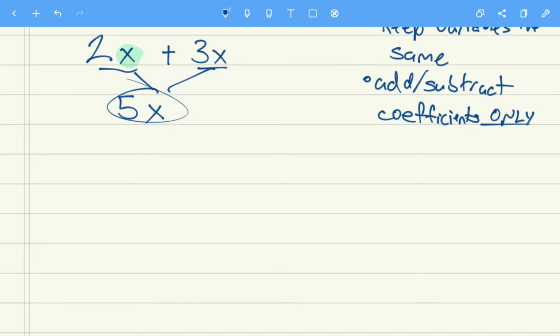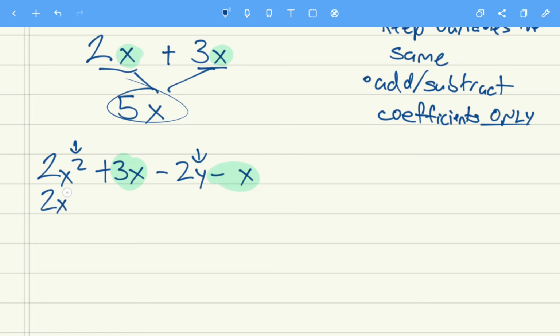Let's try another one. Okay. We have 2x squared plus 3x minus 2y minus x. Figure out which ones are like terms. So only the 3x and the minus x are like terms. The 2x squared has the variable, and this has a y.